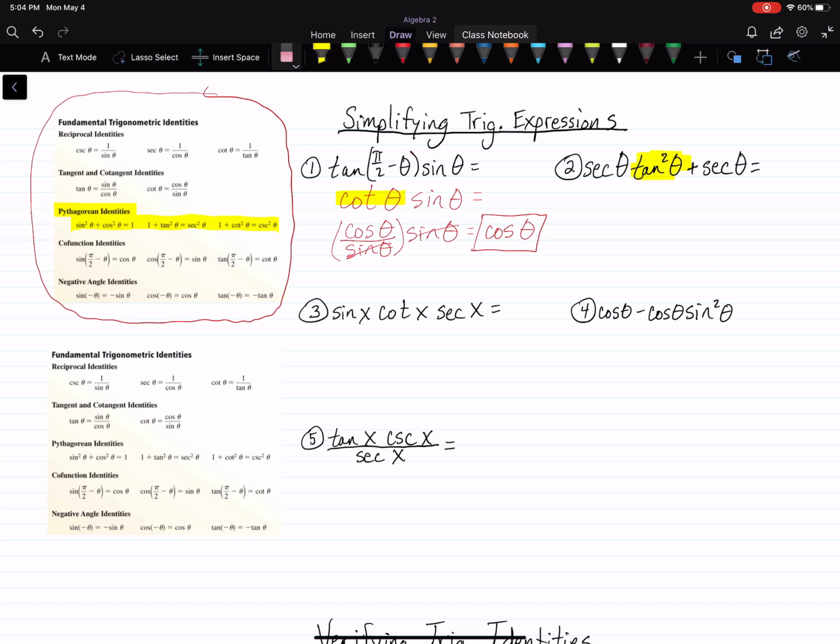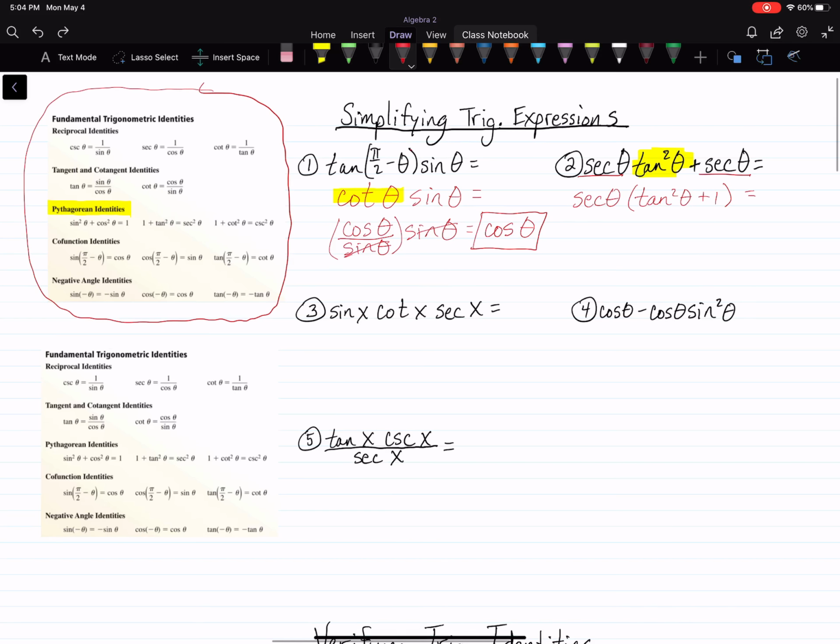So I'm going to factor out what they have in common, which is a secant of theta. I bring that secant theta out front, and that leaves me with tangent squared theta plus 1. All I did was factor. If I distributed the secant back in, it would look exactly like it did before, but I'm not going to do that because that would defeat the purpose.